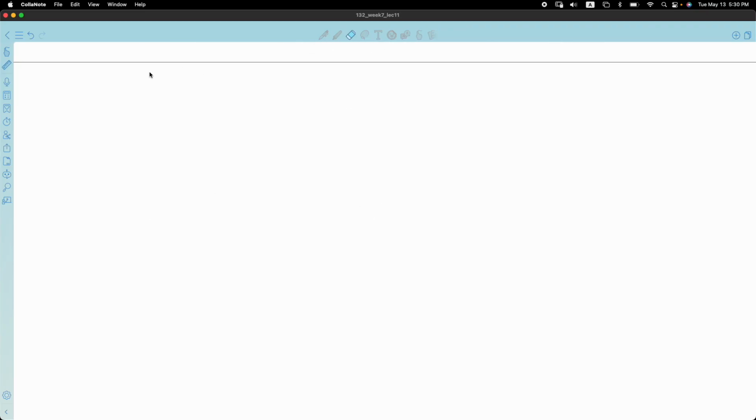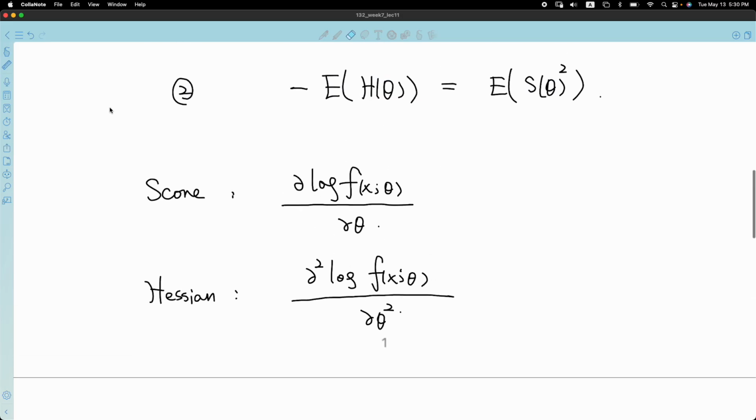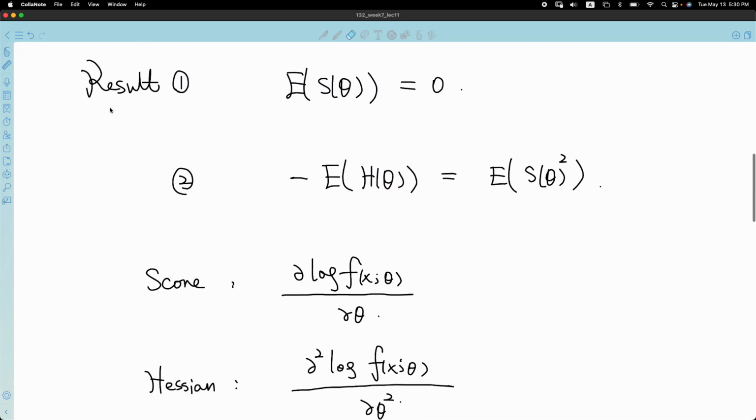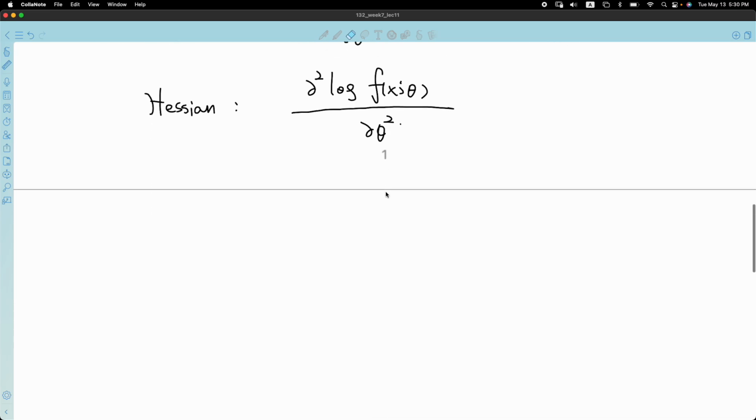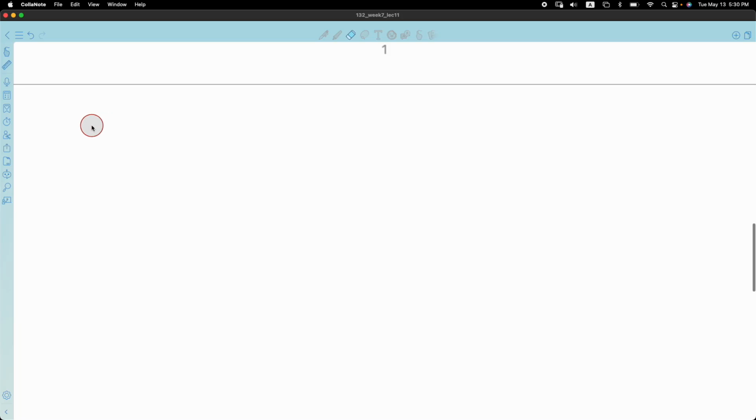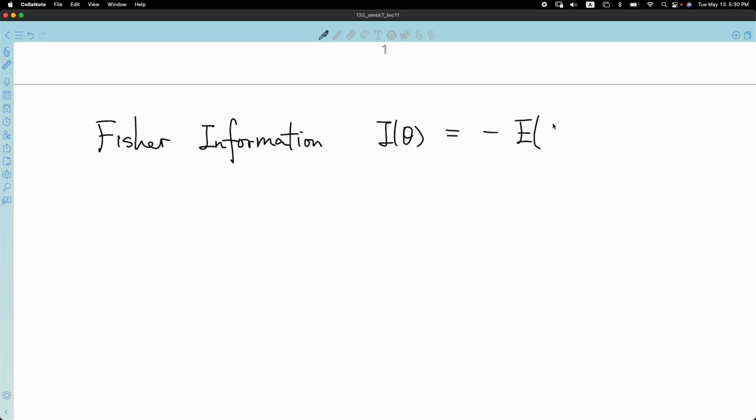Now there's one more thing I mentioned at the end of the lecture: the negative expected Hessian is what we define as the Fisher information. So Fisher information, we denote it as I of theta, is equal to the negative expected value of the Hessian.